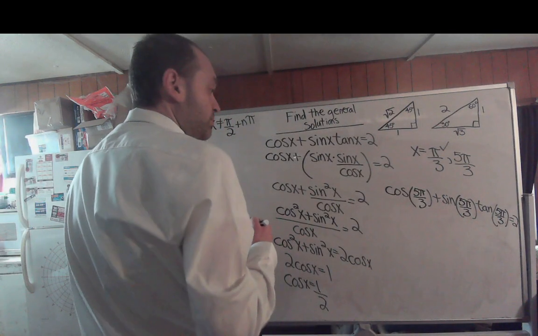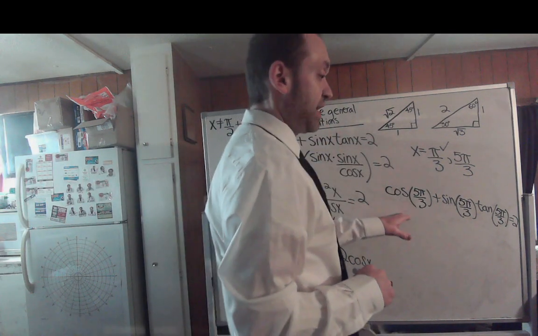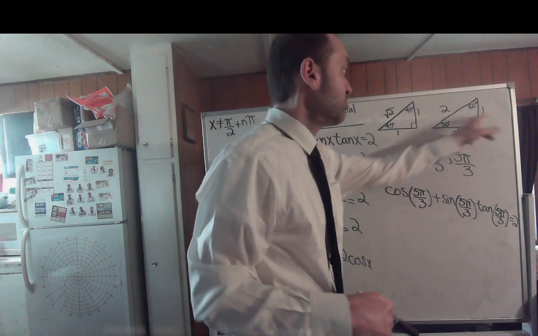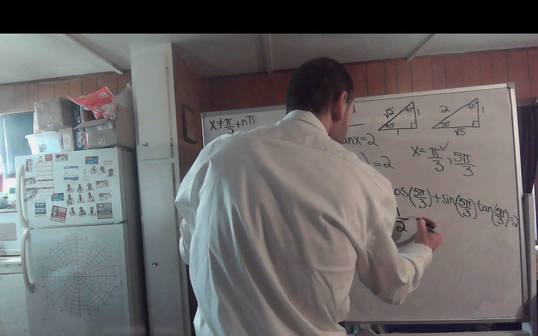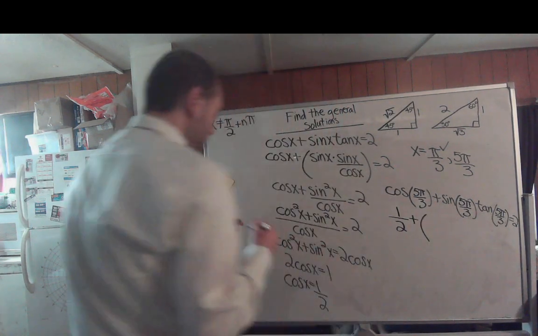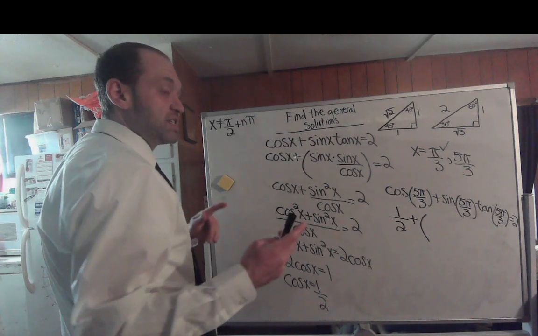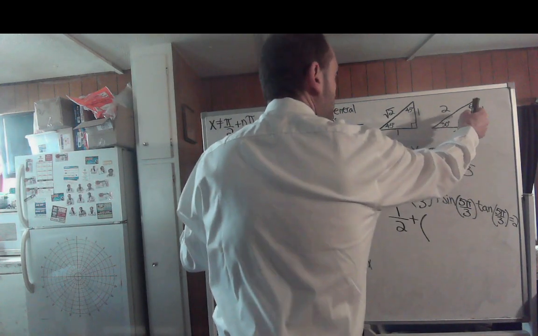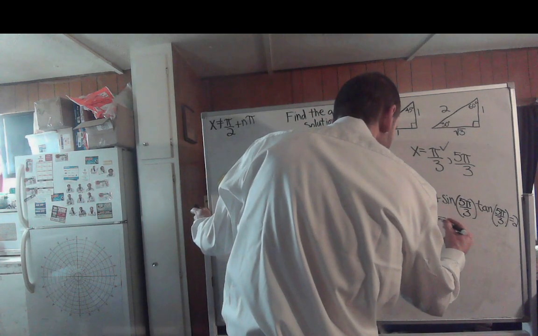Alright, so this is going to be a pi over 3 angle in the fourth quadrant. That's still positive 1/2 for the cosine. Plus, okay, the sine of 60, but in the fourth quadrant, that would end up being negative of the square root of 3 over 2.